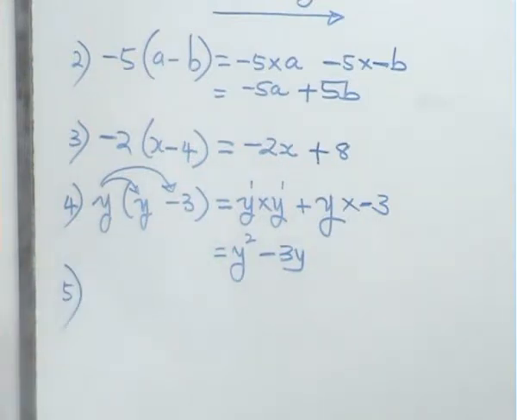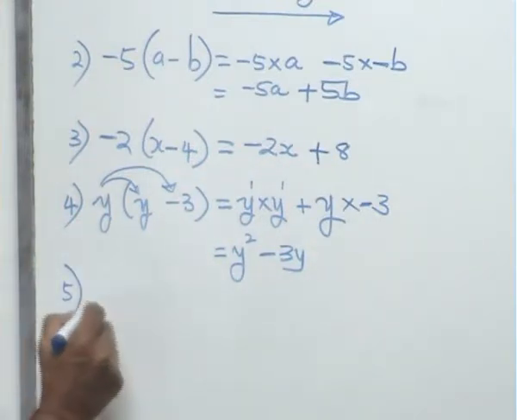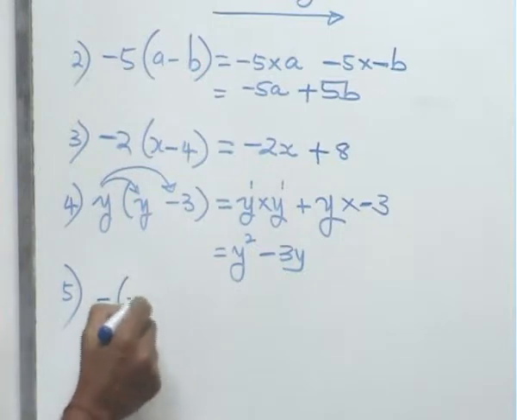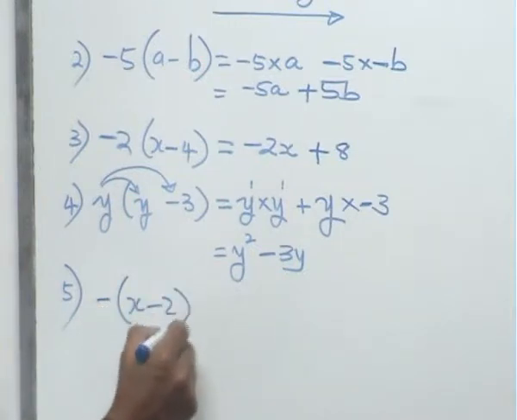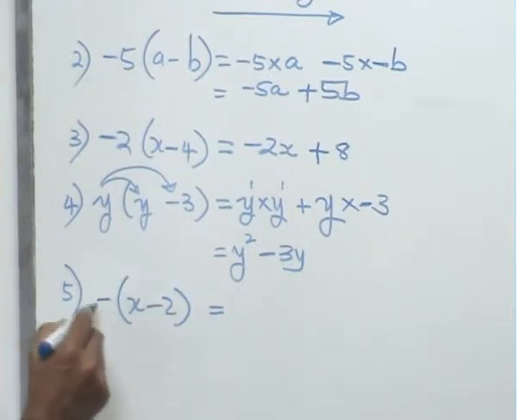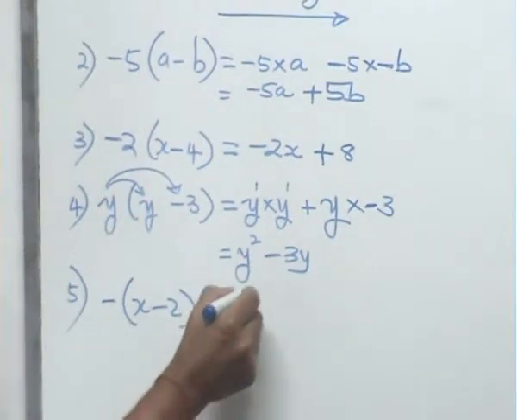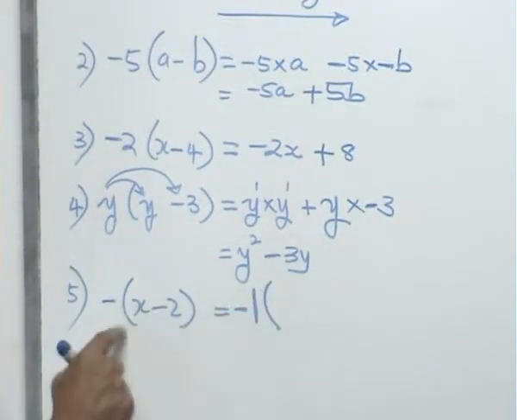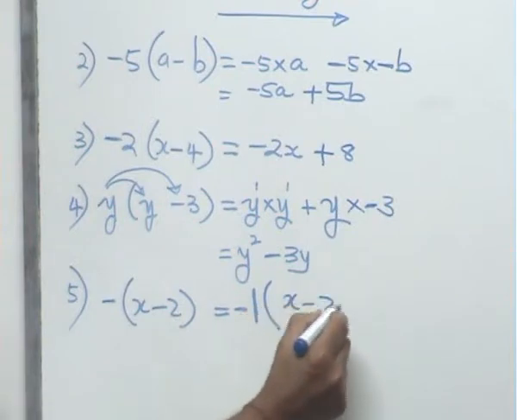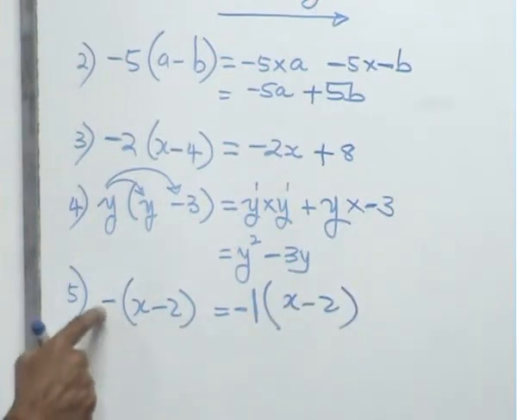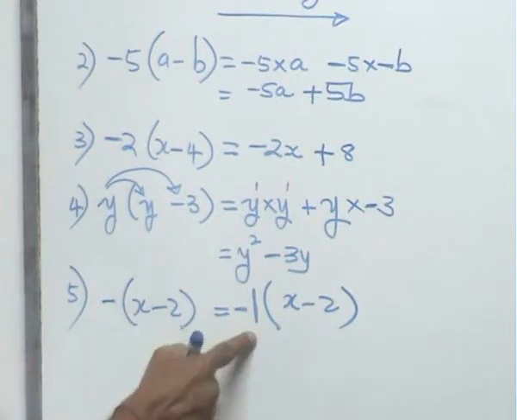Number 5. Minus into x minus 2. Now firstly, you've got to understand that this minus, there's a 1 understood. So I'm rewriting the question. There's minus here. It really means minus 1. So I'll rewrite that.